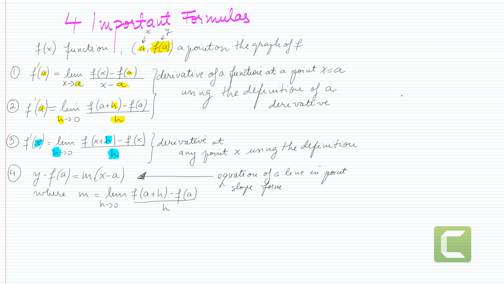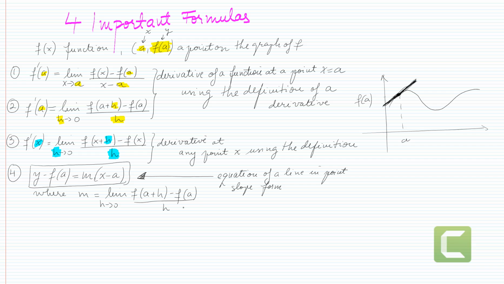So for example, if your graph looks like this and you just calculated, let's say this is a point A and this is f of a, this line here is the tangent line to the graph, and this relation that we wrote in part 4, it's the equation of this tangent line, where m is given by the formula limit as h is approaching 0 of f of a plus h minus f of a over h, and it represents the slope of the tangent line.